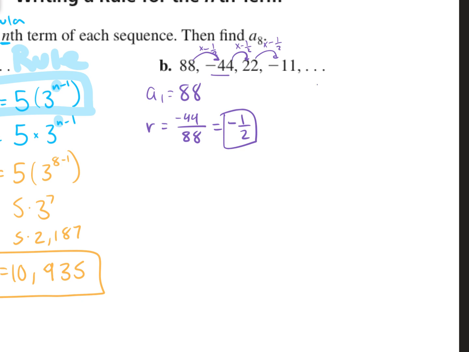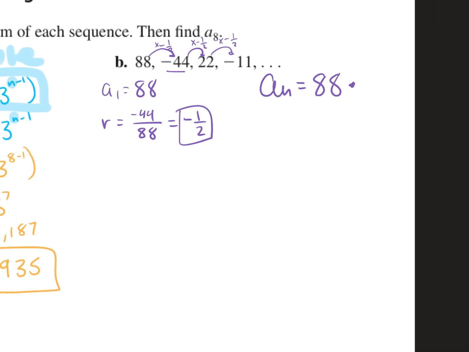So let's plug that into our formula. We have a sub n is equal to, what would come next? 88 times, what? Negative 1/2 to the power of n minus 1.